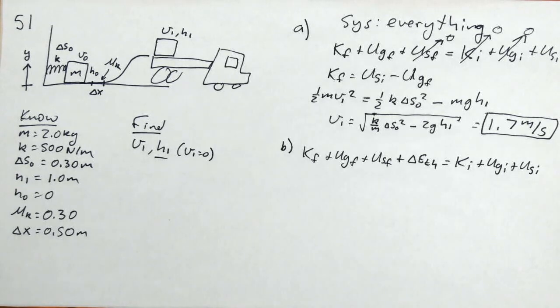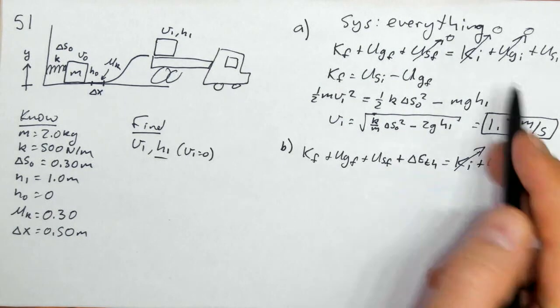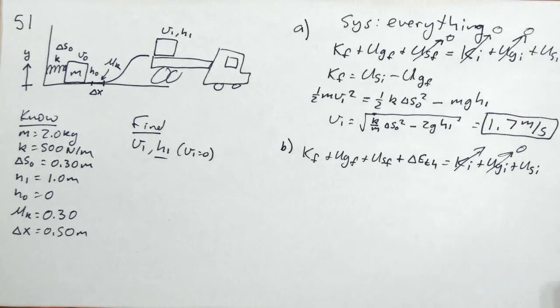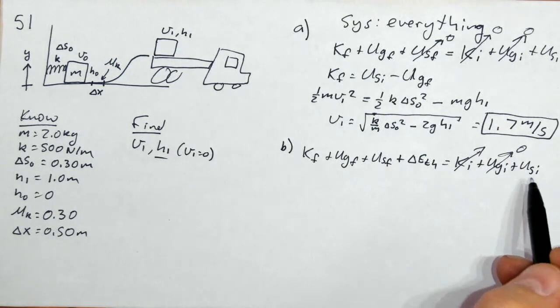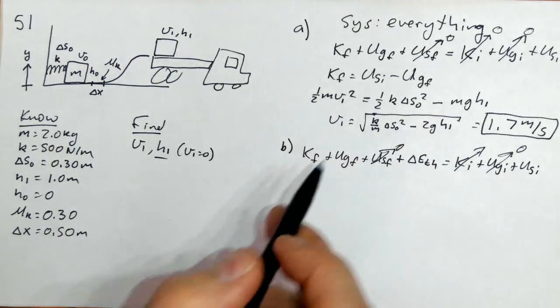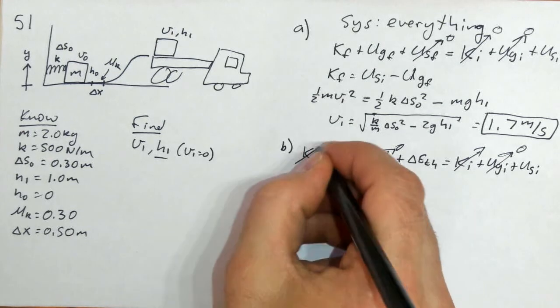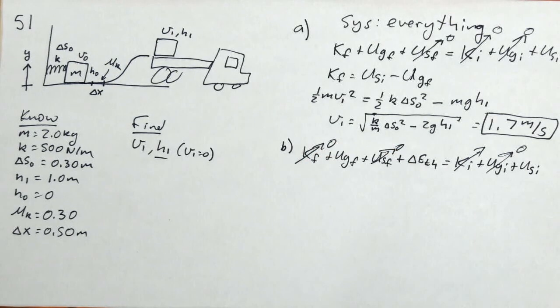Okay, so let's try. What things do we know to be 0? Right before I release the spring, it's not moving, same as before. It's still on the ground. The spring is compressed, so that's not different. At the end, the spring is not compressed anymore. I am at some height I don't know, but I'm assuming I stop, so kinetic energy is now 0. So what am I solving for?